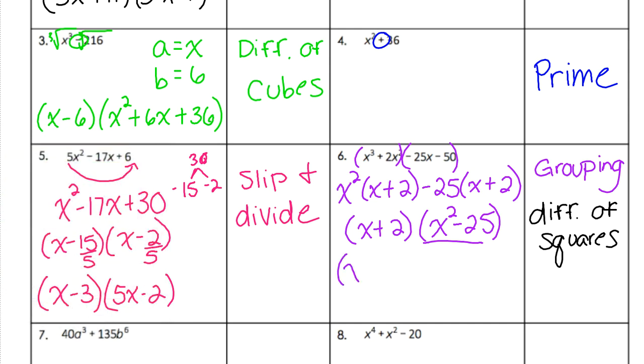So the first one stays the same. And then I'm going to factor that difference of squares to x plus 5 and x minus 5, because those are the square roots of those perfect squares. And that leaves me with a finished product.